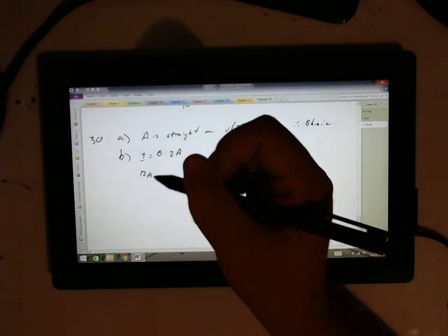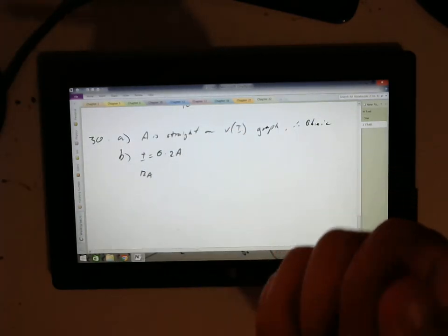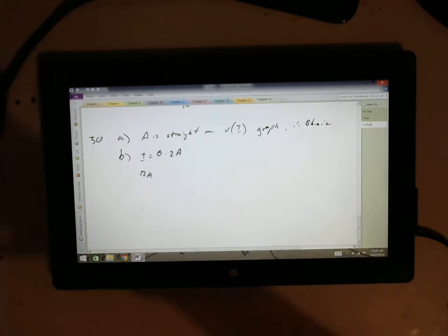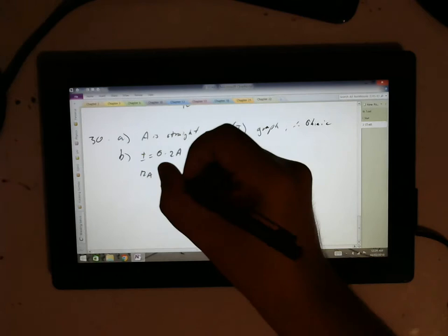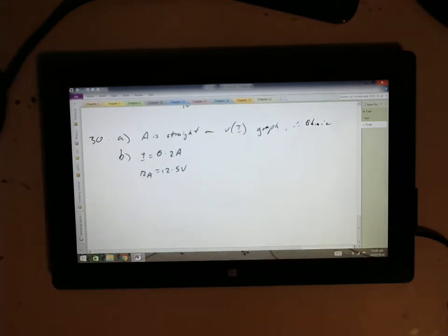So the voltage of A: if you go to the graph and find 200 milliamps on the bottom axis, the x-axis, and scroll up until you hit the line A, we see that it's about 12.5 volts at this point.